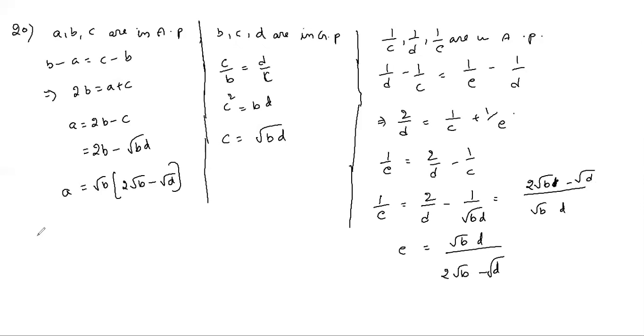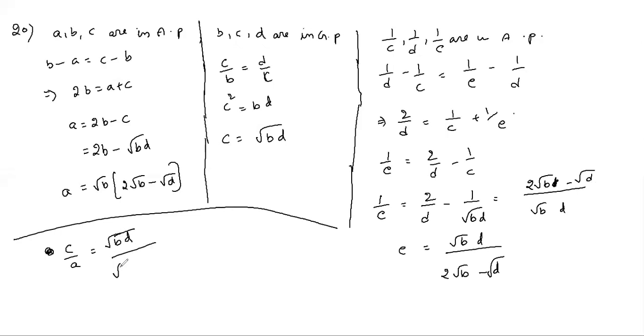Now what you have to do is show that A, C, E are in GP. So with the A value, we find the ratio. C by A equals root BD by root B into (2 root B minus root D).